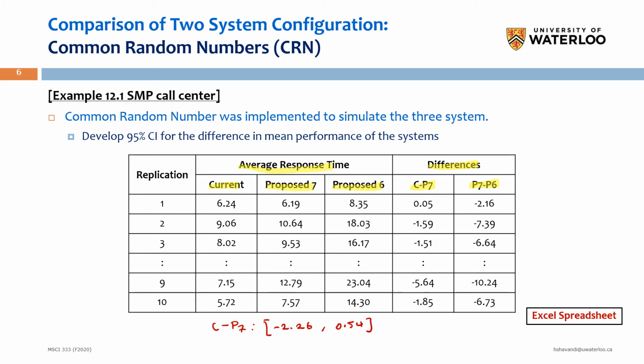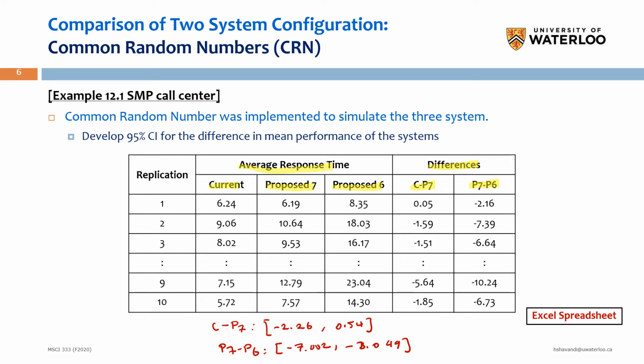Okay, and for P7 minus P6, we will have minus 7 and again minus 3.049. Okay, so by having this result, I'll upload the Excel file, so you'll have the solution over there.